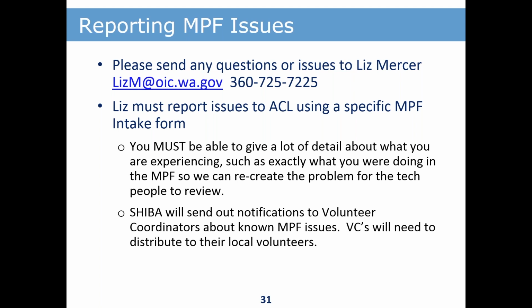But if you have questions or issues about the Plan Finder, be sure to feel free to contact me. There's my contact information. If we have issues, we have to report them to the Administration on Community Living, which is our SHIP TA center. There's an intake form that we have to use.